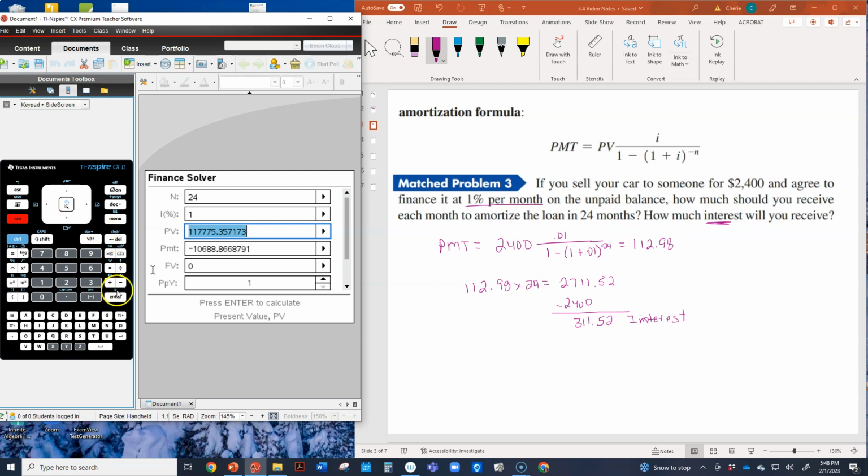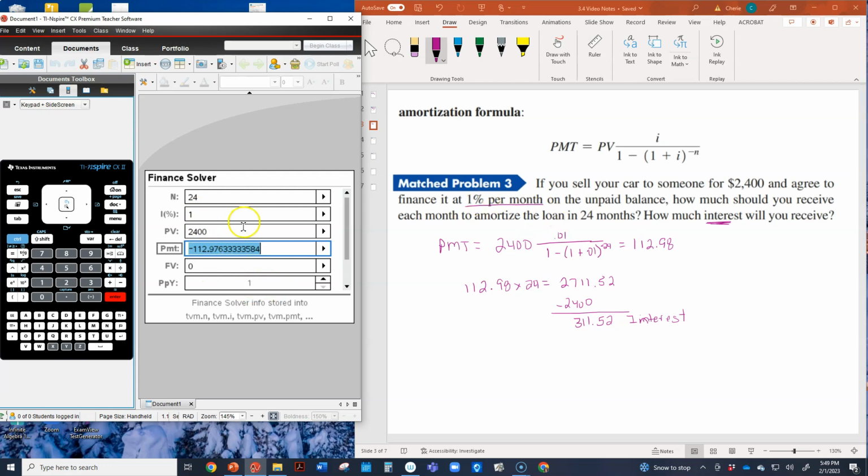That's 2,400, and this is what I'm calculating. And then there are 24 pay periods. It's 1% per pay period. If you leave that, I think that comes out. I'm going to press enter and see. Yeah, $112.98.